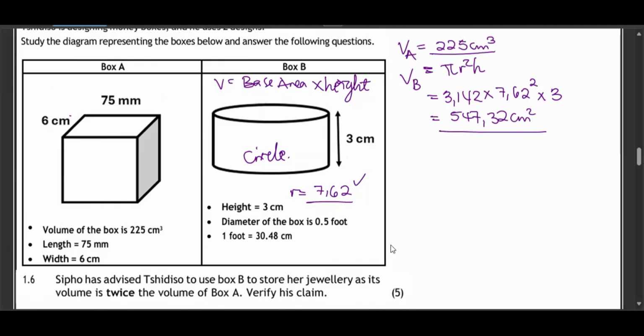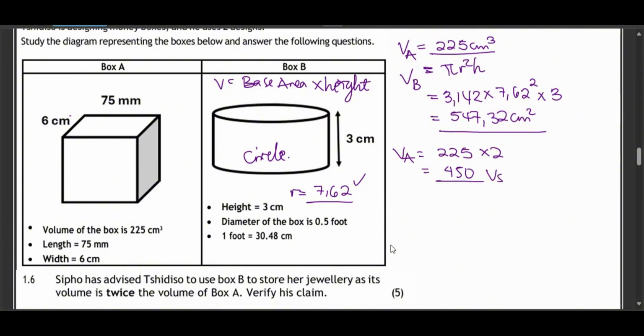They are saying this is volume B, and they are saying it's twice as big as that. So what do we do? Volume A, we need to multiply it by 2. When you multiply it by 2, this is 450. This is volume of A twice.